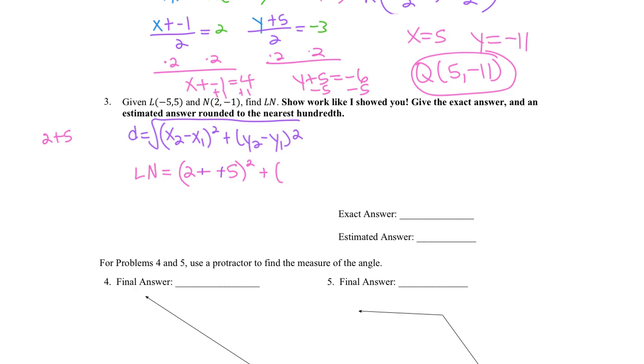All right, so then for our y's, we have our y2, which is negative 1. So we're going to write negative 1 minus, and we're going to subtract our y1, which is 5. And then the square root of all of that. Okay, so now 2 minus negative 5 is 2 plus 5, which is 7, squared. I can get away with not using the parentheses because 7 squared is the same thing as (7) squared.